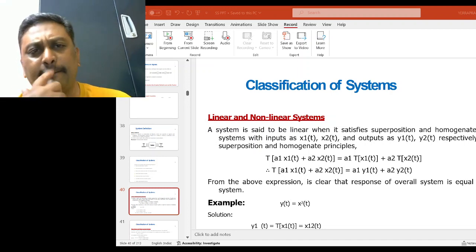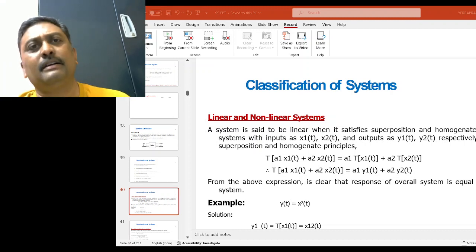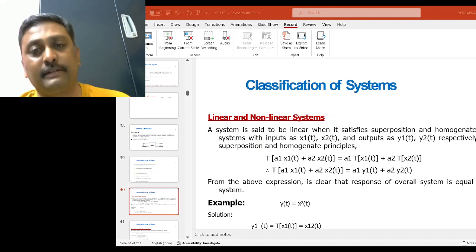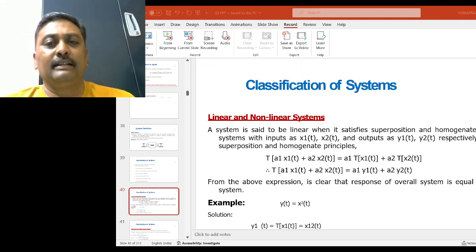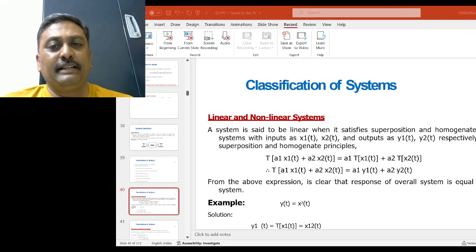Equations are meant to help understanding, but the basic fundamental is that in a linear system, whenever you vary the input, the output varies correspondingly. In a non-linear system, if you vary the input, the output would be something else, not in correspondence with the input. So these are the basic definitions of linear and non-linear systems.